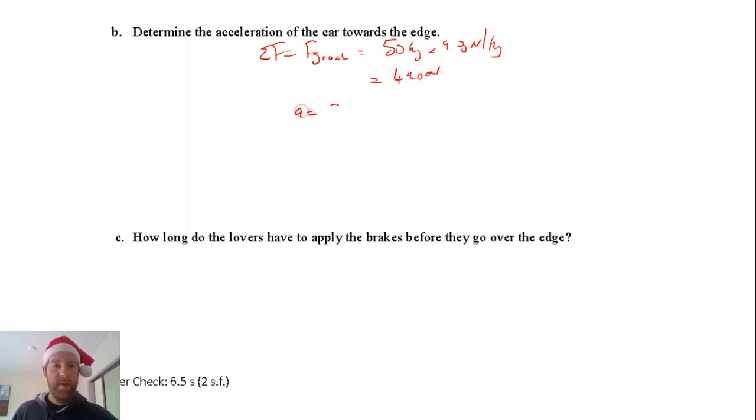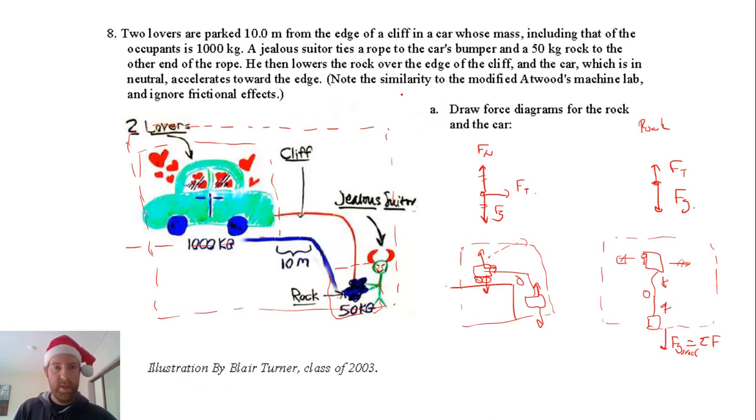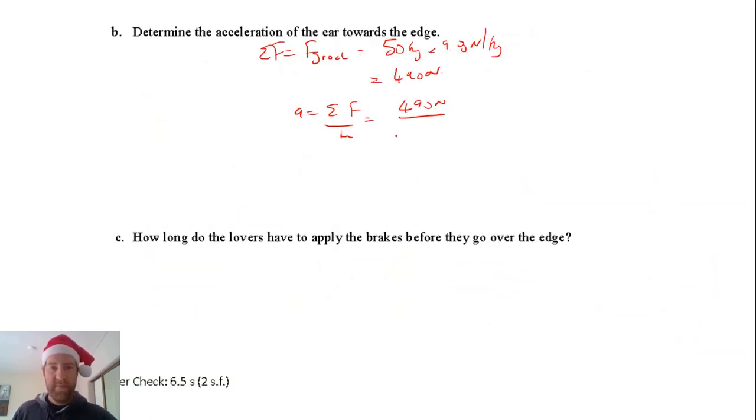And when we work out acceleration, because we're looking at the acceleration of the whole system, 490 newtons divided by the mass of the whole system, which is 1050. Divided by 1050. That's a small acceleration, 0.46 meters per second squared.